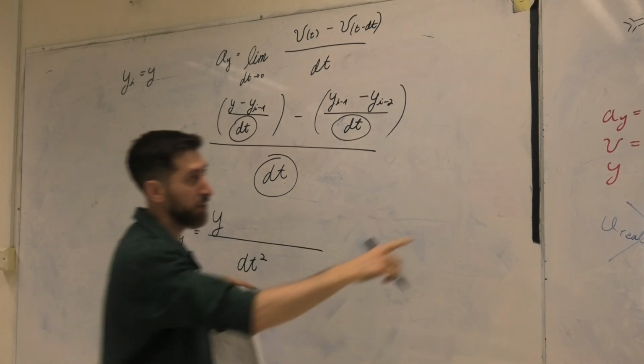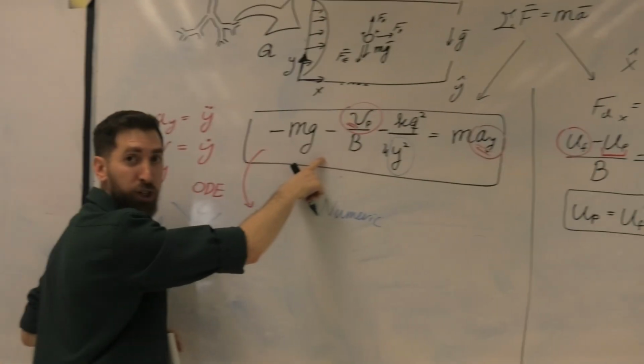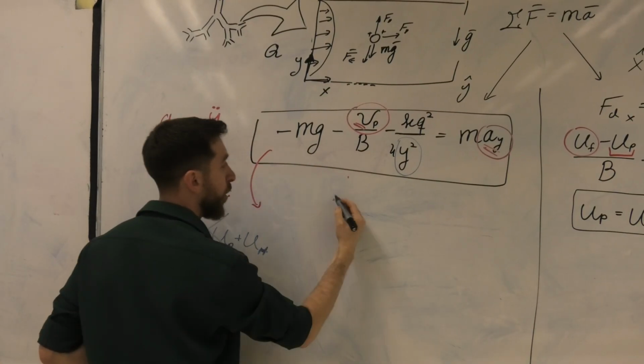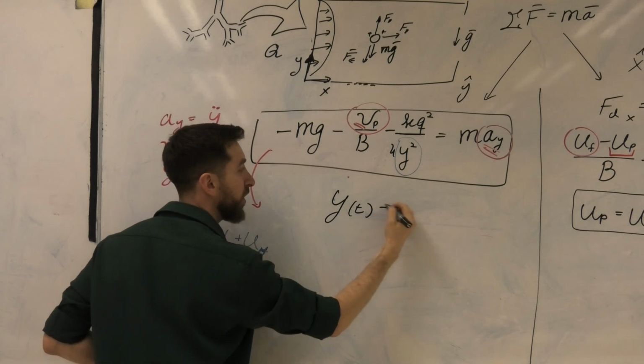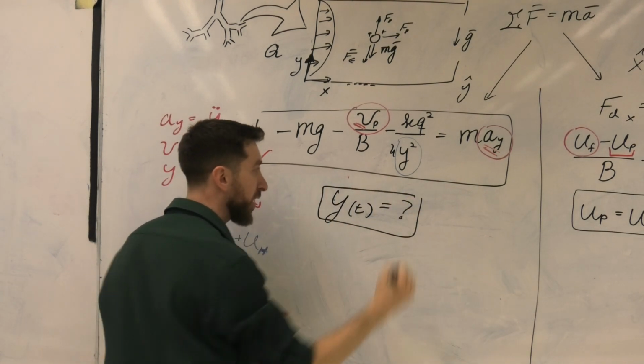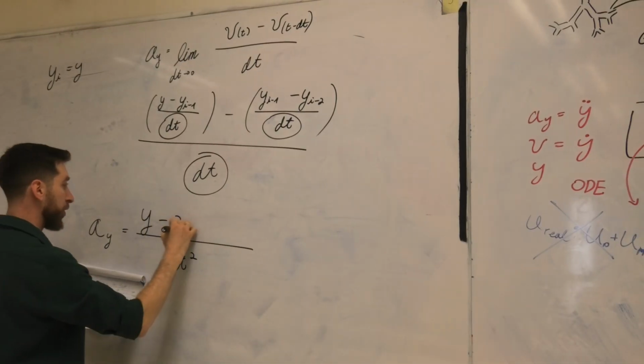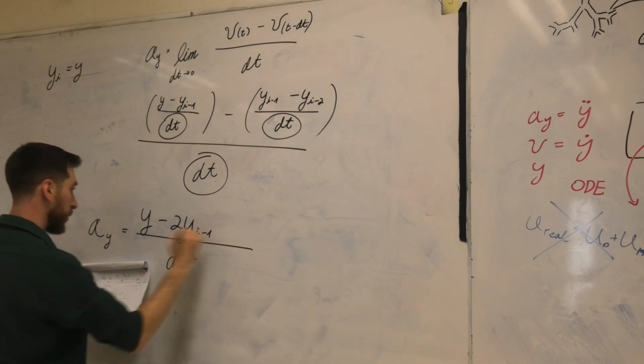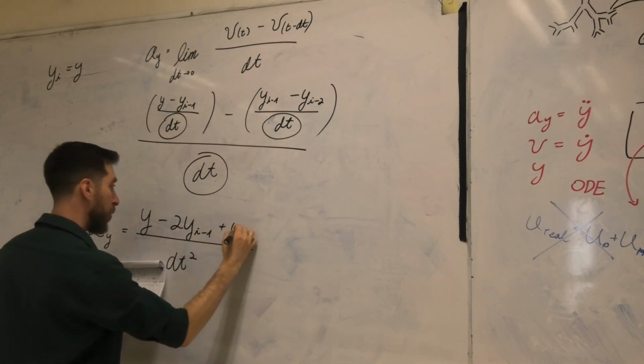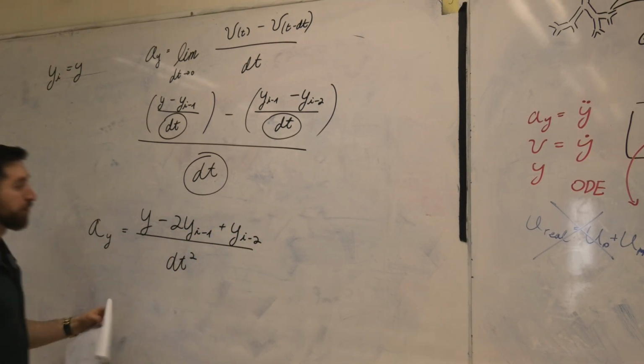We want to find, I remind you, the solution of this ODE, which means y as a function of t. What is the height of the particle at any given moment? Going back to here, we have y minus 2y_(i-1) plus y_(i-2).